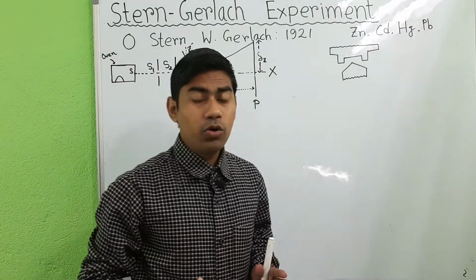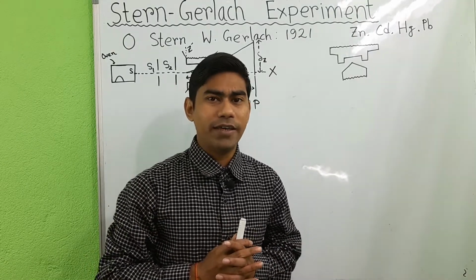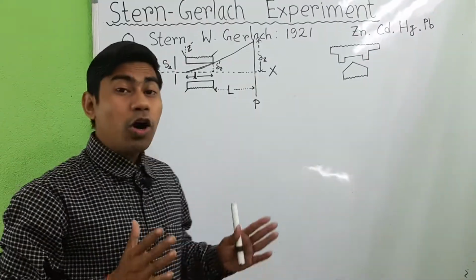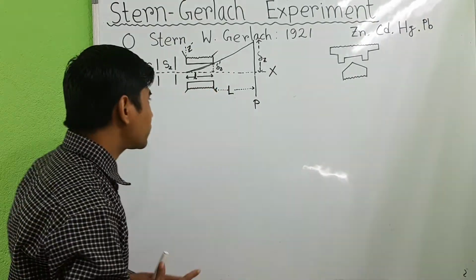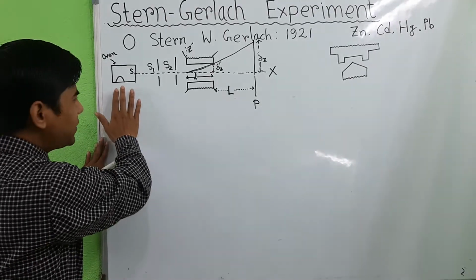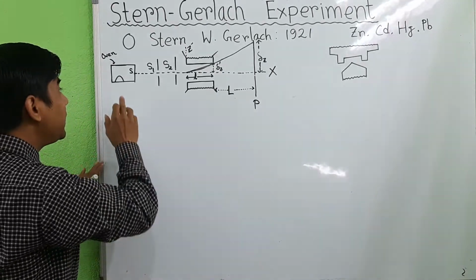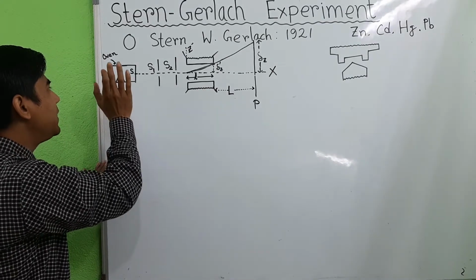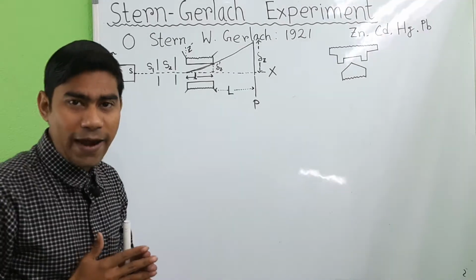Now we discuss the experimental setup of the Stern-Gerlach experiment. This is a sketch of the apparatus. This is an electric oven. A sample of silver is heated in this oven and it produces rays of silver atoms.